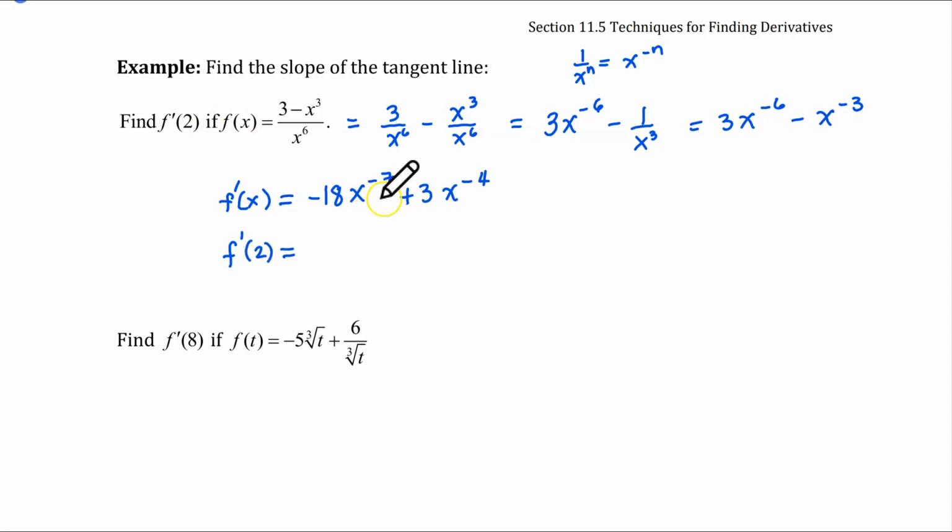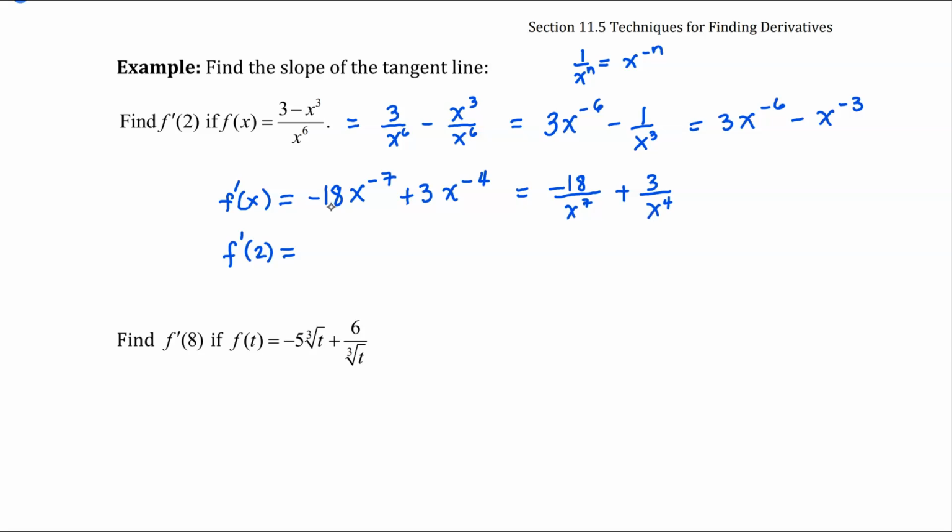Now it's easier to evaluate it when you express the exponent in positive form, so you have to do the reverse. This first term will be written as negative 18 over x to the 7 plus 3 over x to the 4th.